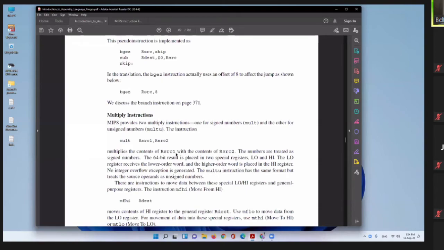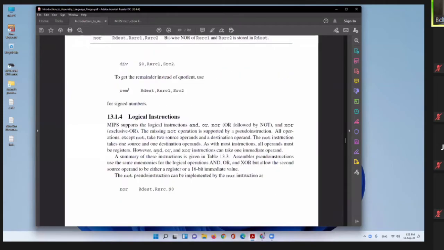All right. So multiplication is very simple. In this case, we are using two operands, number 1 and number 2.